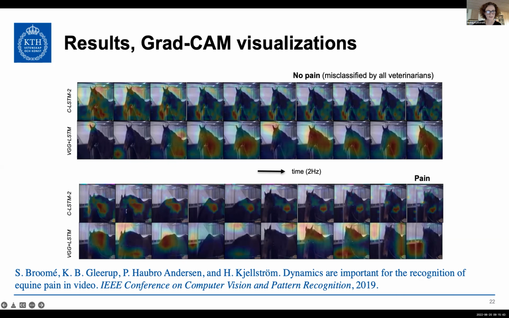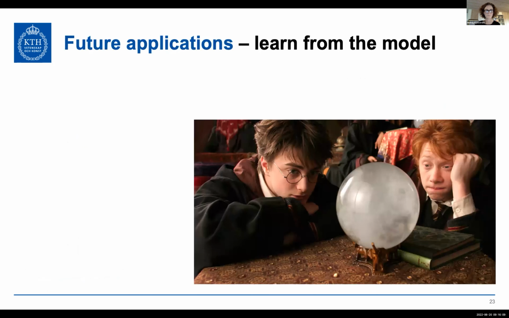Here it looks at the neck of the horse and at the eye, which is interesting because the eye is really important for facial expression. While this one jumps around. So it gives an indication that the CLSTM model attends to the right things. But of course, we need further exploration.